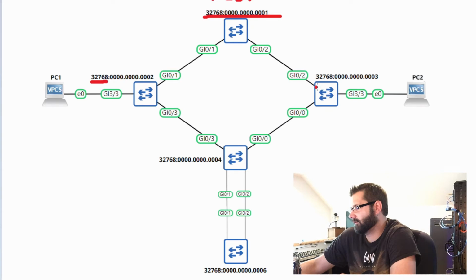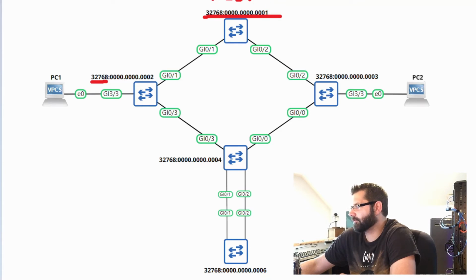All of these are 32.768. And then we have, in our simplified MAC address, 1, 2, 3, 4. Apparently I skipped over 5, so 4 and 6. So clearly this is the winner.